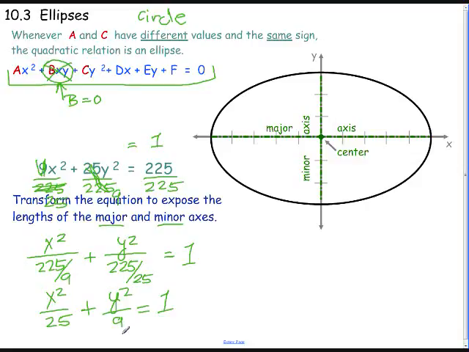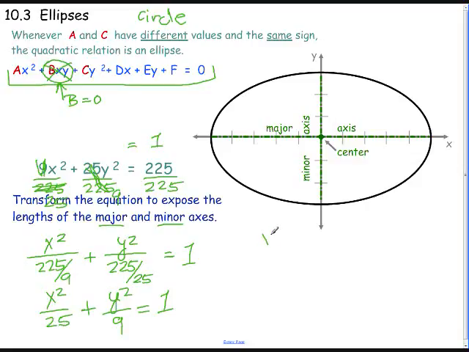Now my magic is about to come in here. The length of my major axis is associated with whichever of these numbers is larger, and the minor one is associated with whichever of these is smaller. Just like we took the square root of r squared to find out what the radius was, we're going to take the square root of this to figure out what the major axis is.